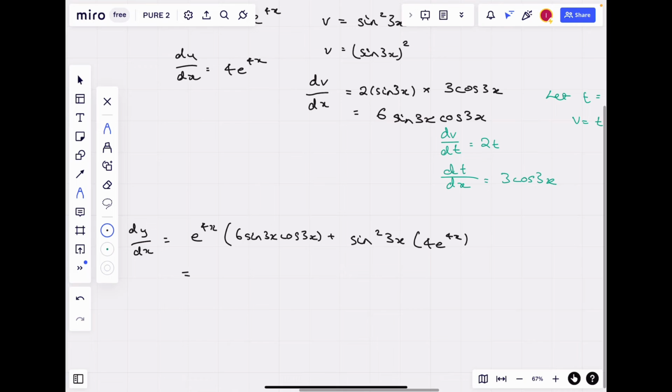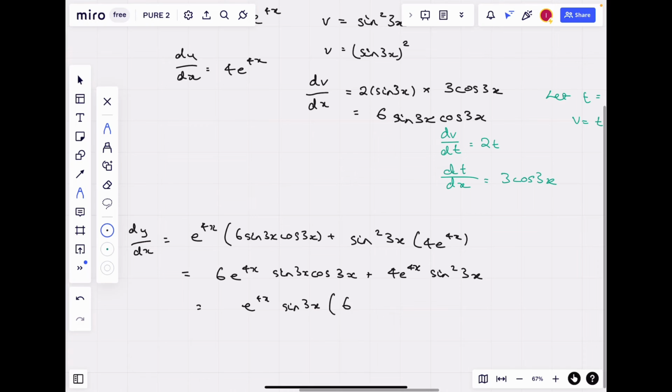And now this would simplify to 6e to the 4x sine 3x cos 3x plus 4e to the 4x sine squared 3x. To simplify this, you can take out e to the power 4x sine 3x.